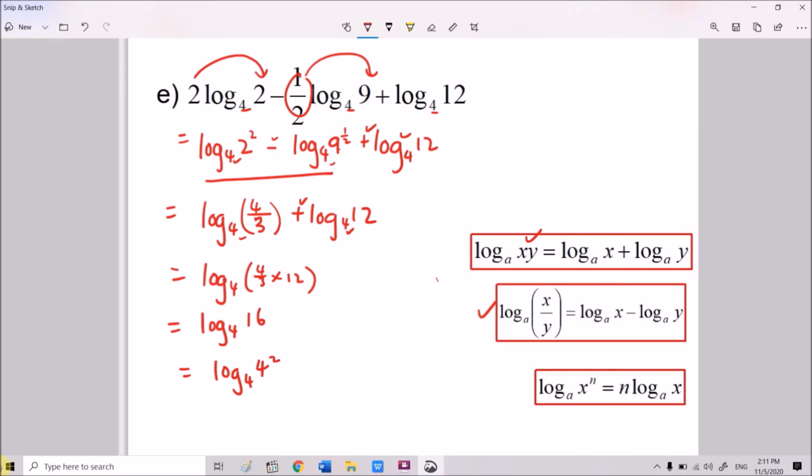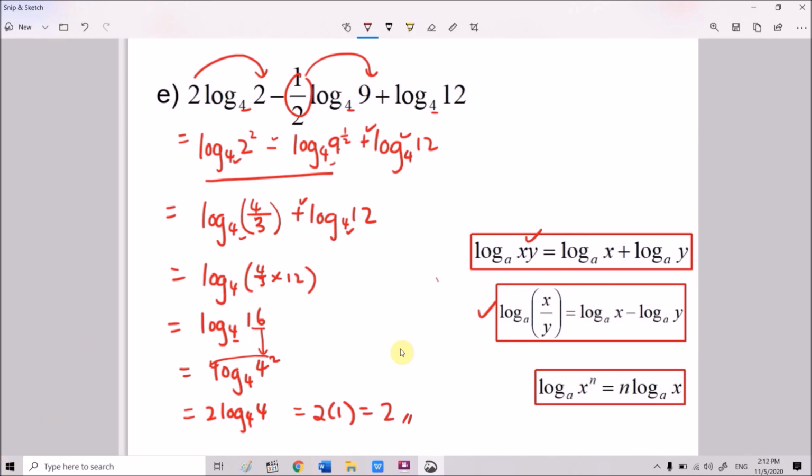Why do we want to change 16 to 4 to the power of 2? Because of the base 4. We will try to change 16 so that it becomes another value which contains the 4 here. Because you see now when we move the 2 to the front, you have 2 log base 4 of 4, and log base 4 of 4 is equal to 1, so you have 2 as your final value.